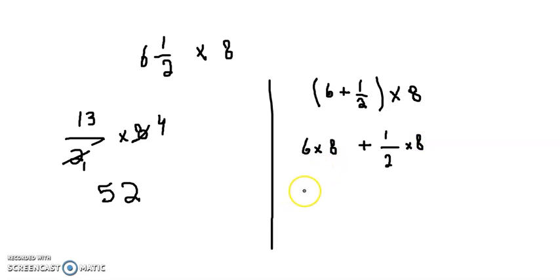So 6 times 8 is 48. And we can divide 8 by 2 and we will get 4, and 4 times 1 is 4. If we add these two, we will get 52. So you can use either way, whichever you find simpler.